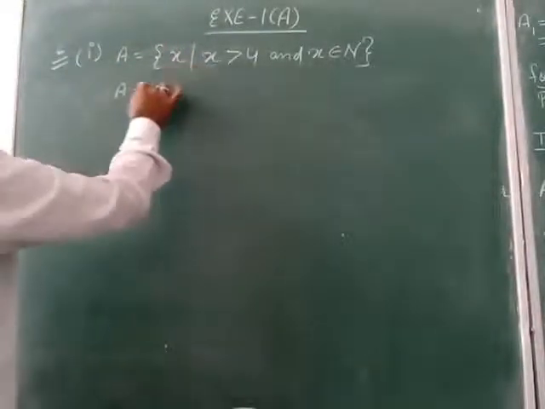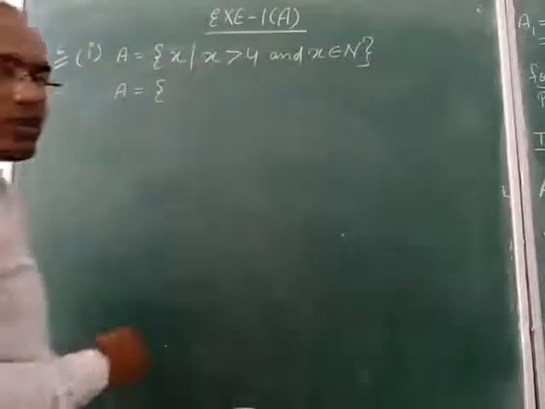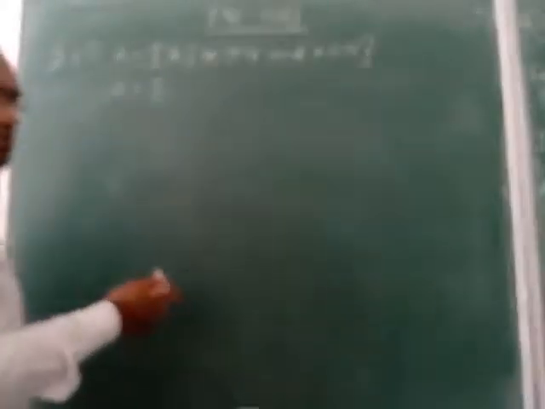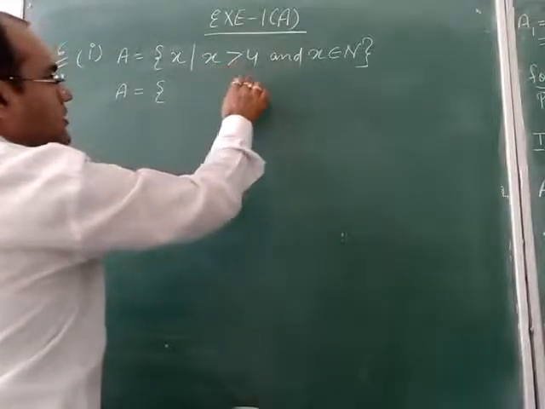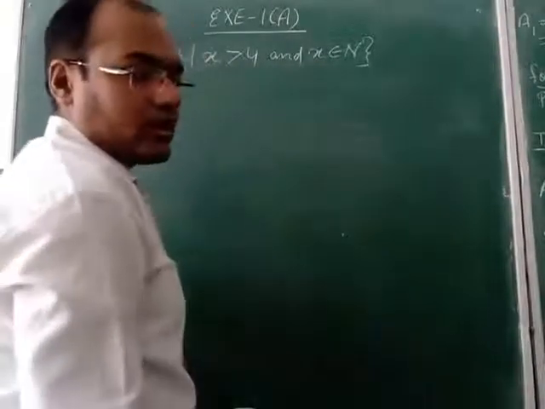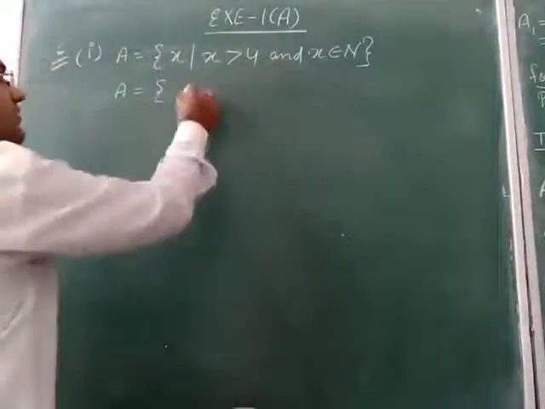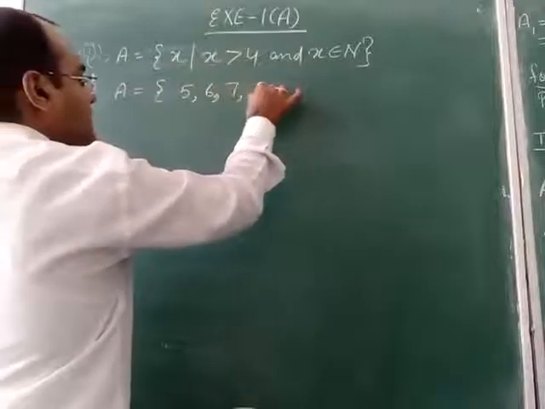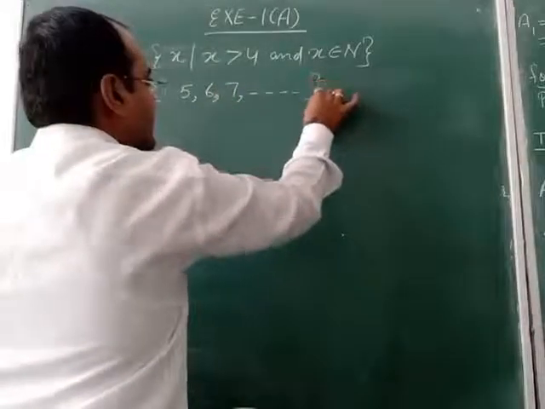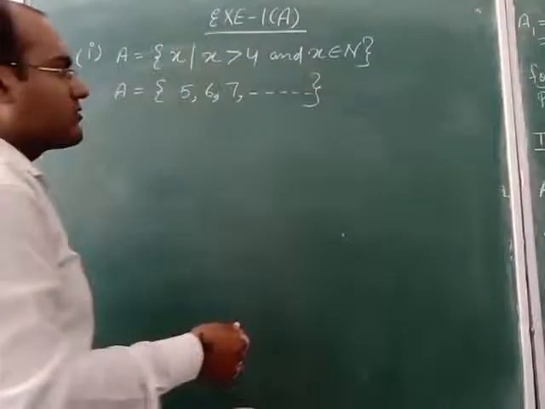This is the set builder form. We will write it in tabular form, or roster form as we can also call it. Here x is greater than 4 and natural numbers, so we write all the natural numbers which are greater than 4: 5, 6, 7, and infinite unlimited numbers after that.